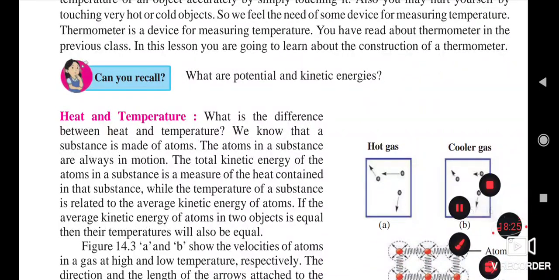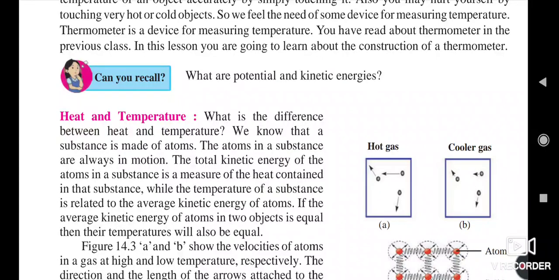This point needs a very thorough explanation, so today we will stop at the introduction of this lesson.